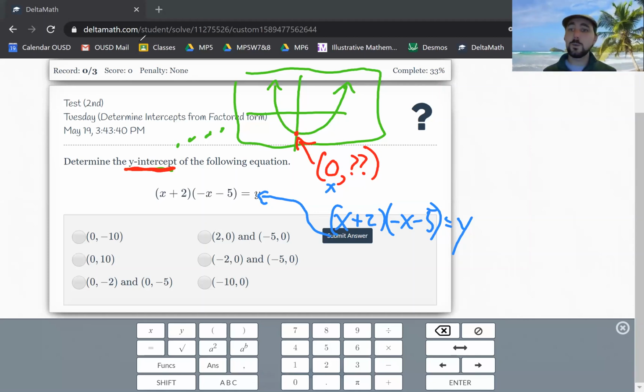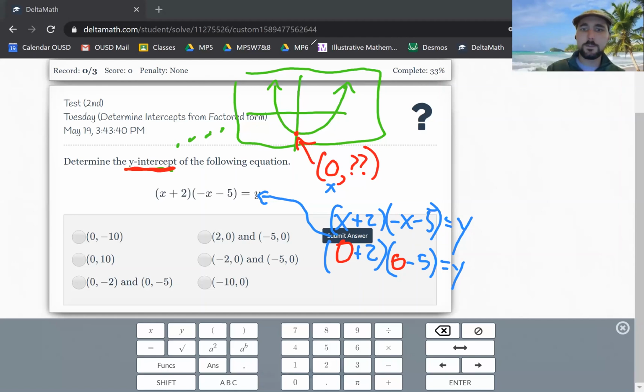Okay, but like I said, the y-intercept means that I'm plugging in 0 for x. So (0 + 2)(0 - 5). And I know it says negative x, but negative 0 is still just 0.